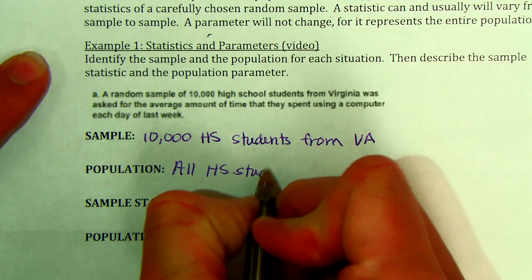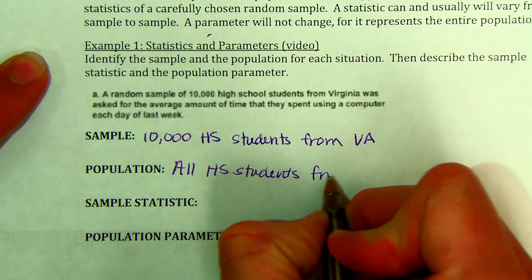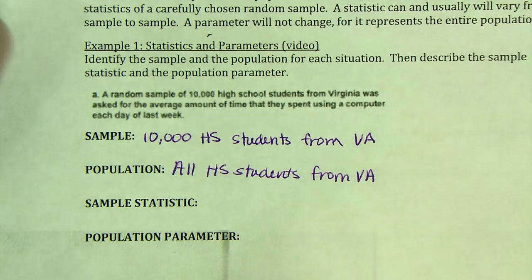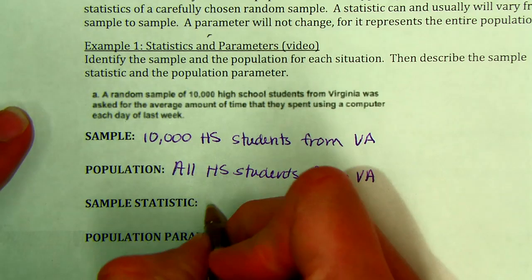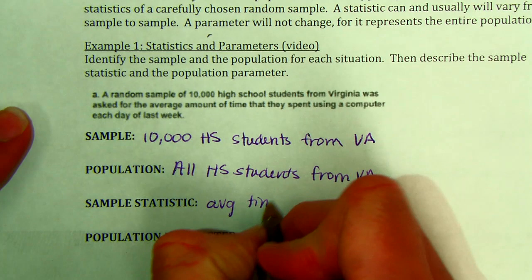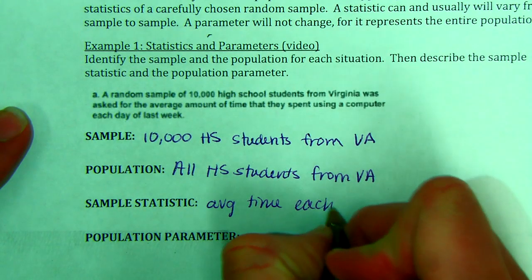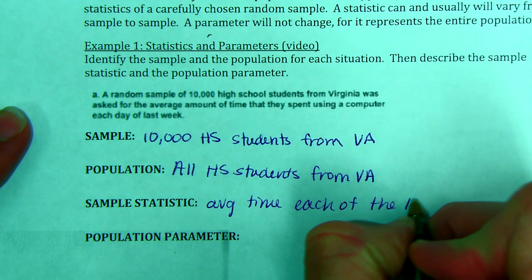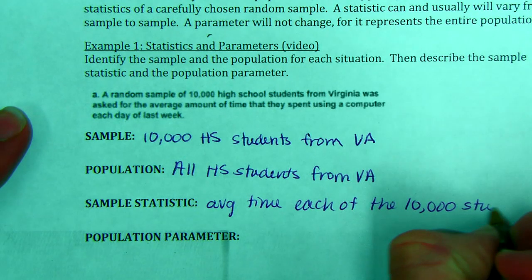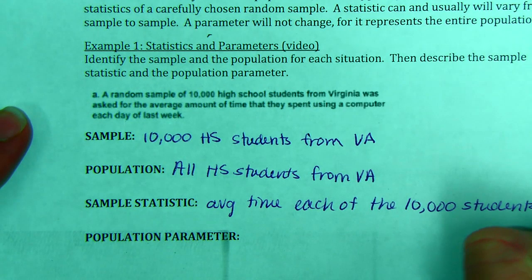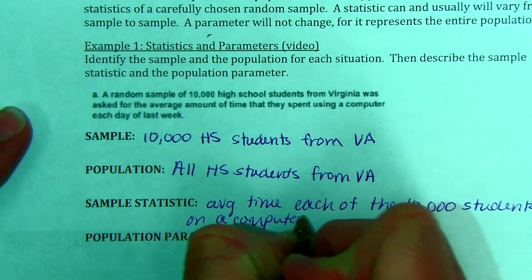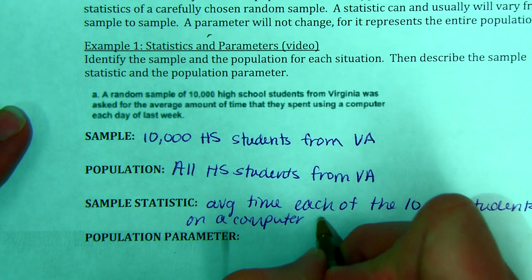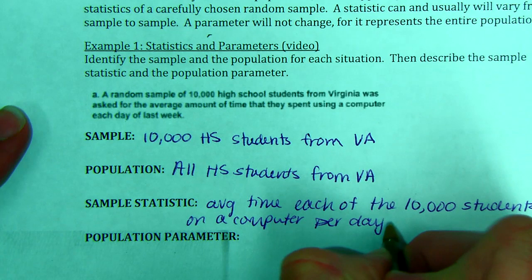So the sample statistic would be the average time each of the 10,000 students spent on a computer per day, or week, doesn't really matter, each day of last week, okay?